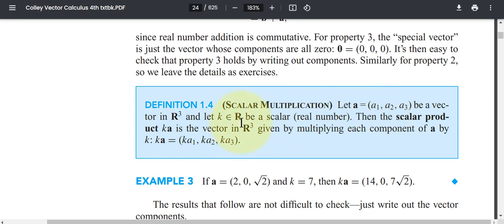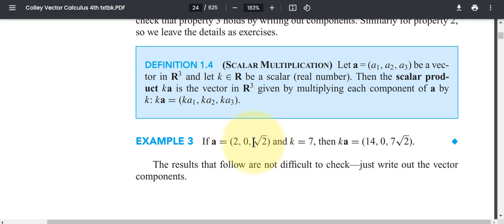So the result is going to be a vector in R3, and it's going to be obtained by multiplying each component of a, each component here, by the k. So we get ka1, ka2, ka3. So in this case, we take this vector, we multiply it by 7. What does it mean? Multiply 7 this, 7 this, 7 that. We get 14, 0, and whatever that is, this.